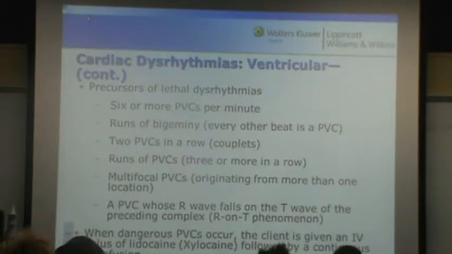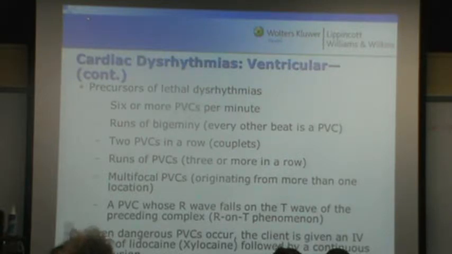And then this last one is really, really dangerous. That's when you have a PVC where the R wave actually falls on the T wave of the preceding complex. Okay? So what we're talking about here is you have a normal complex where you have your P wave, it's followed by QRS, and then as your T wave is getting ready to form, a PVC lands on it.